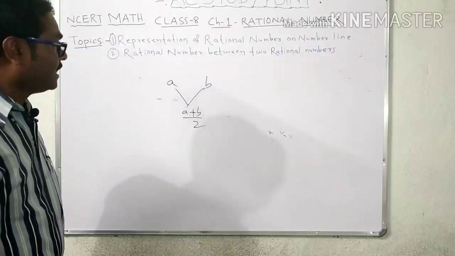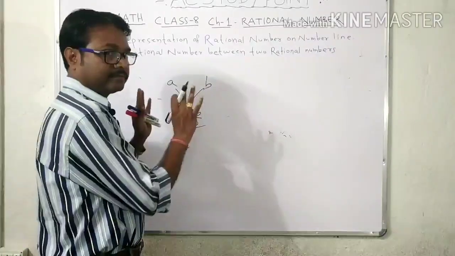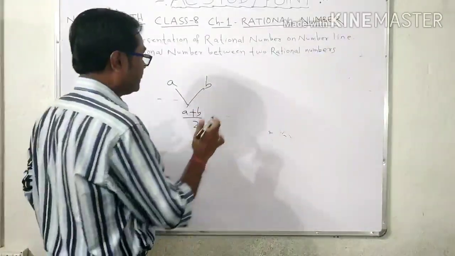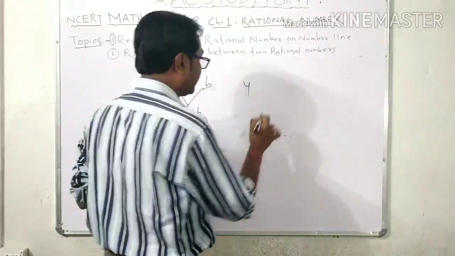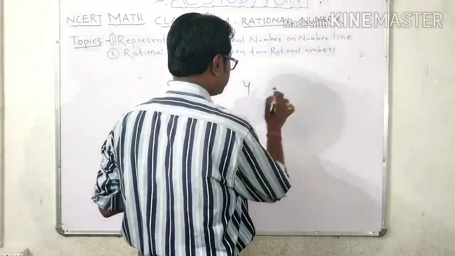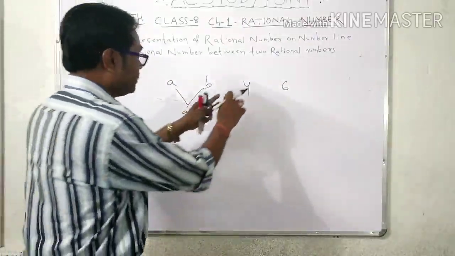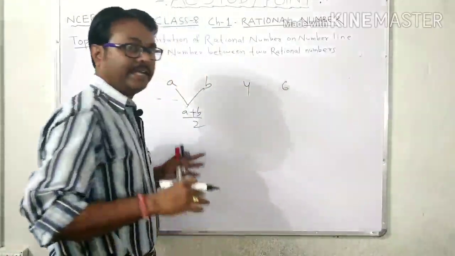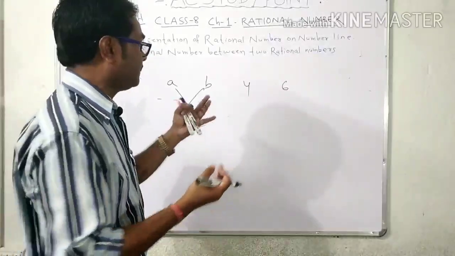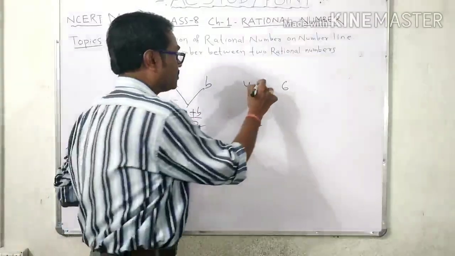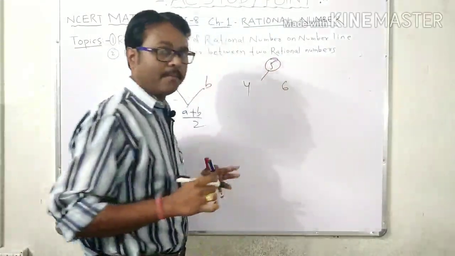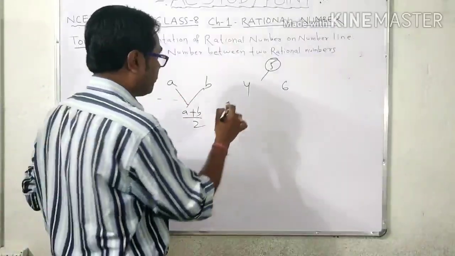Suppose I do this with one example. Suppose here 4 is there and here 6 is there. Between 4 and 6, many rational numbers are there, and 5 is also there. It is a whole number, but let us check how it works.